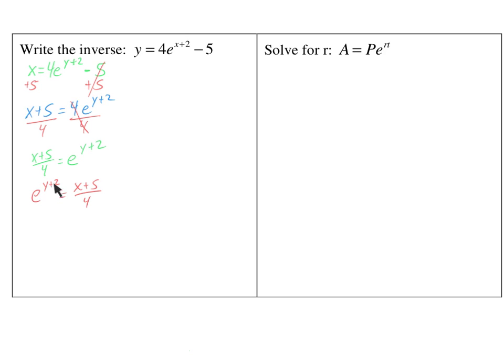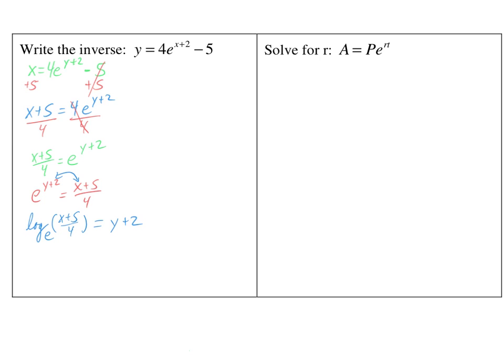So let's get this into a log format. In order to change to a log format, I'm going to put the word log. The base is going to be e, and then I'm going to switch these two pieces. When I switch those two pieces, I'm going to put the (x plus 5) over 4 here, and the y plus 2 here.